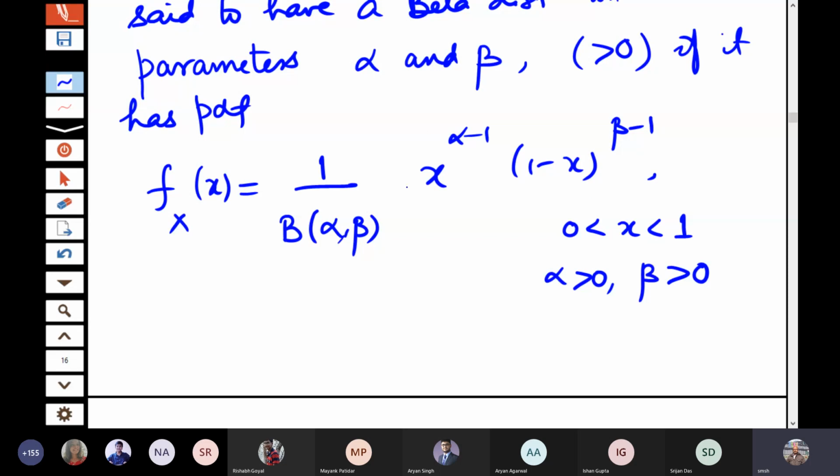You can easily see that if I consider the integral of this, it is nothing but beta(alpha, beta), so it will cancel out and you will get 1. As I mentioned to you, the form is given because of that.